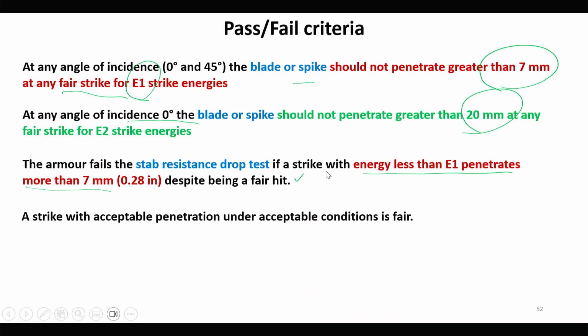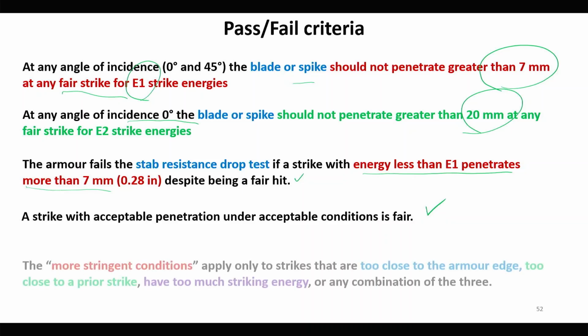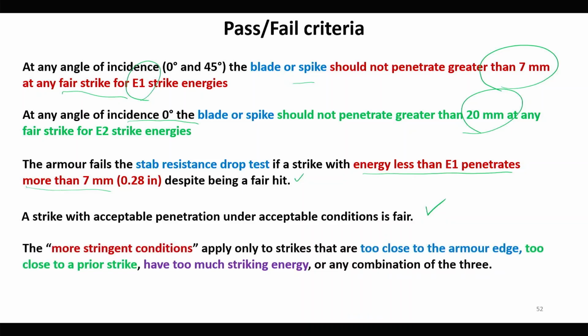A strike with acceptable penetration under the acceptable condition is fair. There will be more stringent conditions only to strikes that are too close to the armor edge or too close to the prior strike, have too much striking energy, or any combination of them.